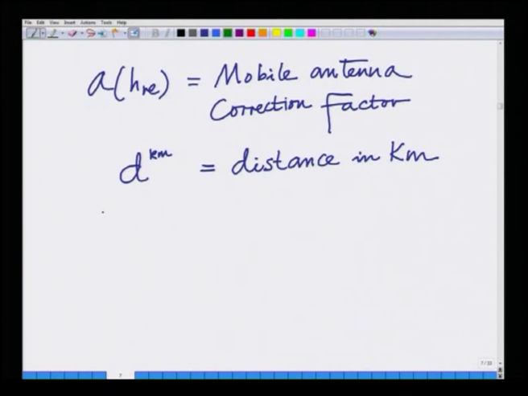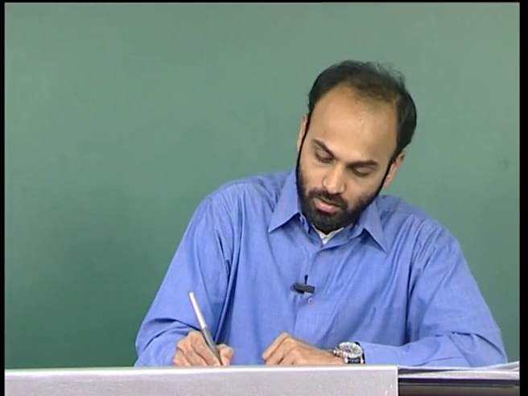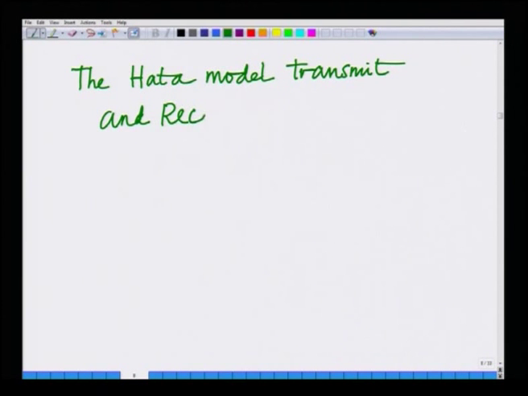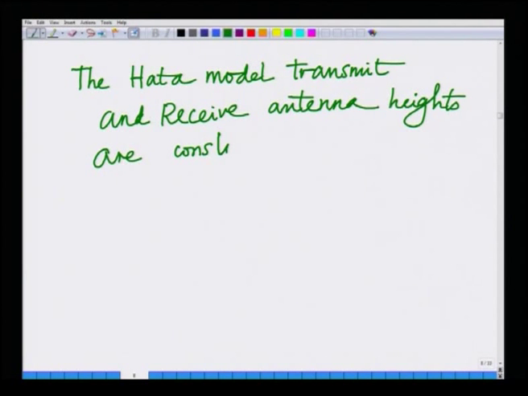are constrained as follows. The transmit and receive antenna heights in the Hata model are constrained as follows.